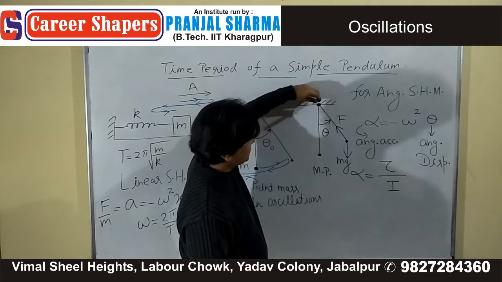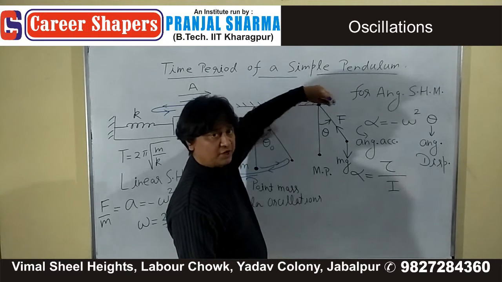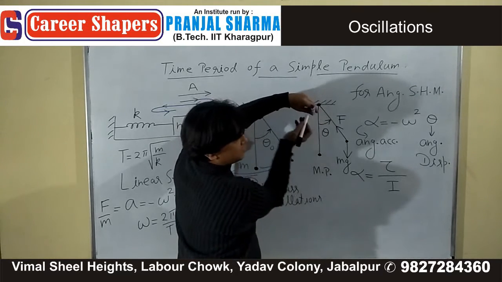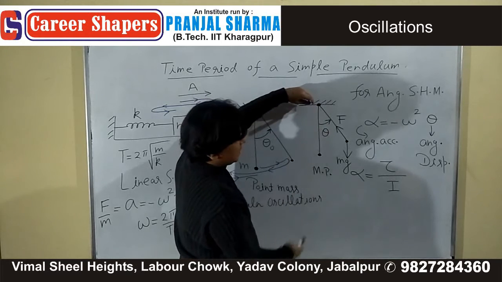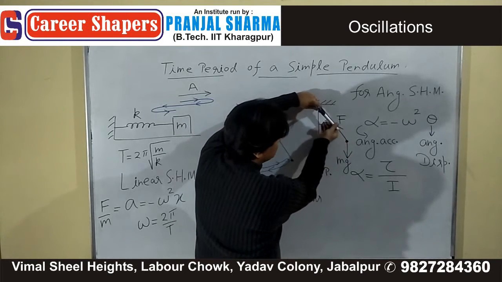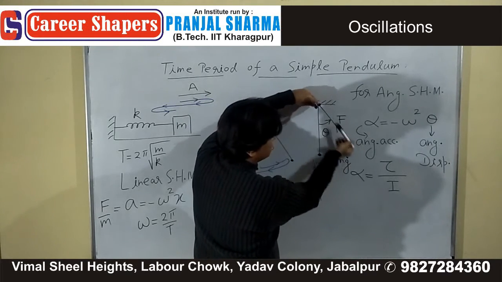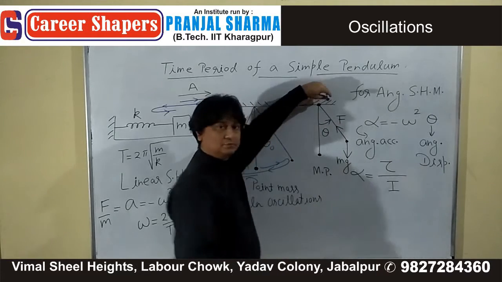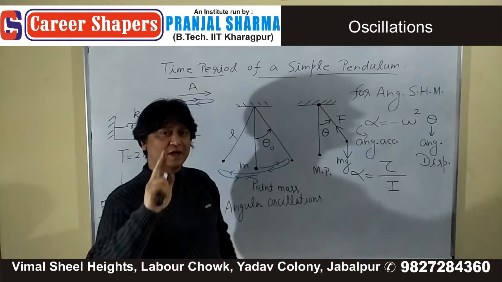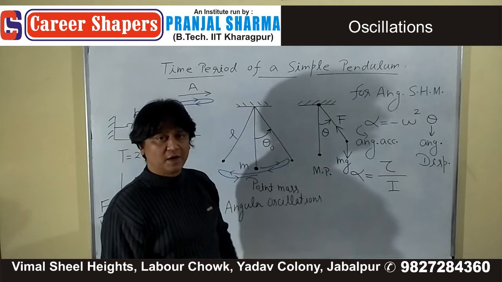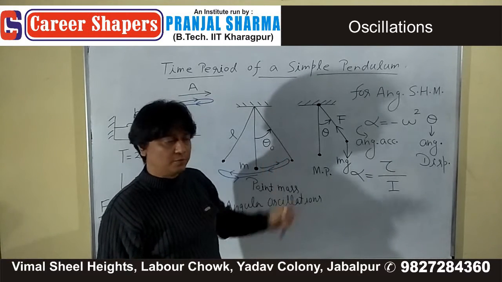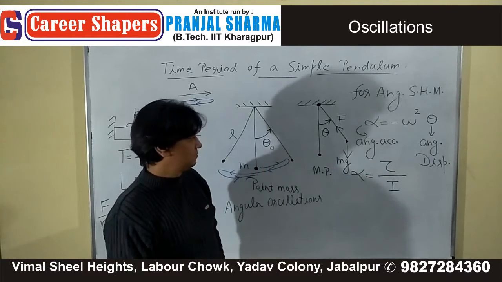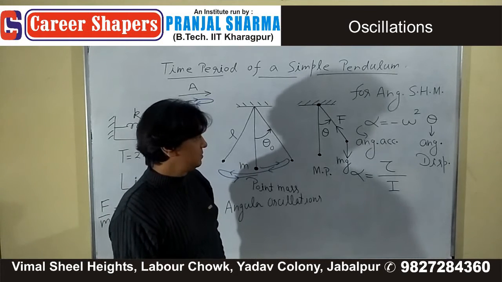This is the point of suspension, the axis of rotation, and this is the body which is oscillating. The tension force passes through the axis of rotation. If a force passes through the axis of rotation, its torque is 0.